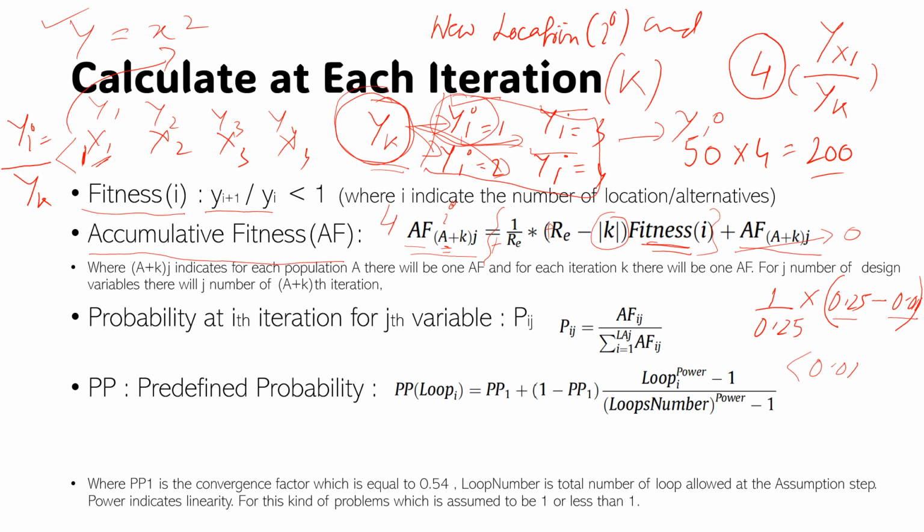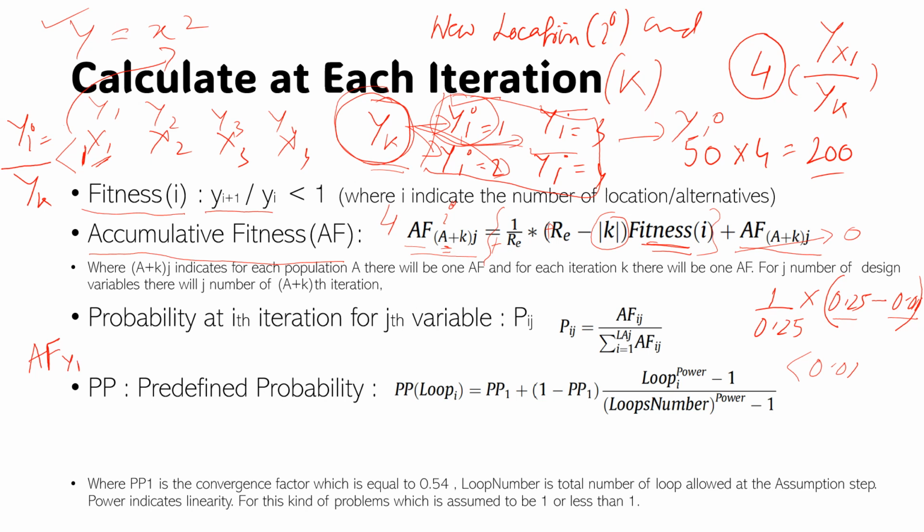Here the things comes very interesting. What is this Pij? Pij is actually the F at each of the y generated here.